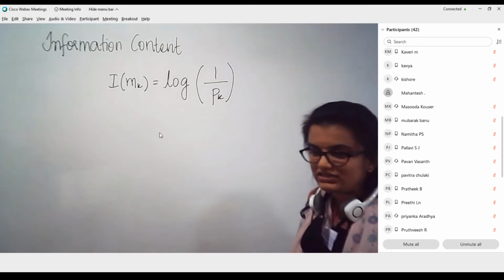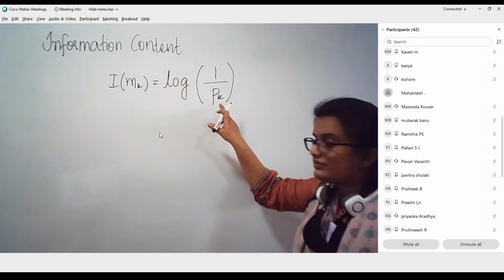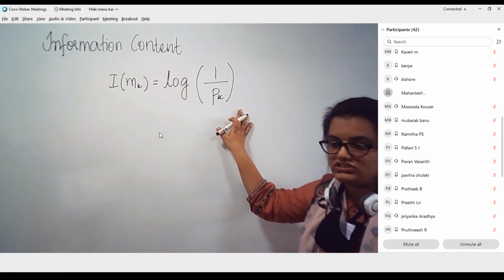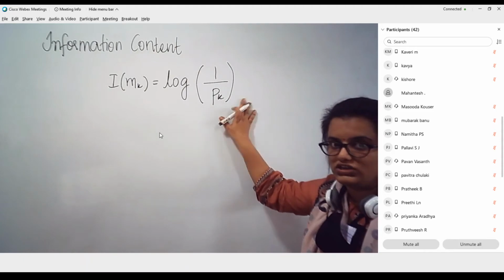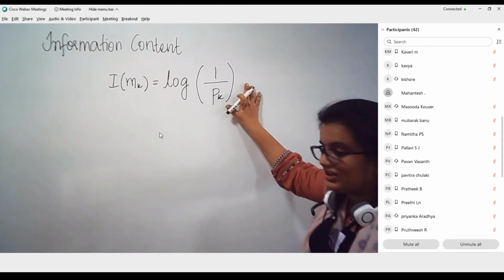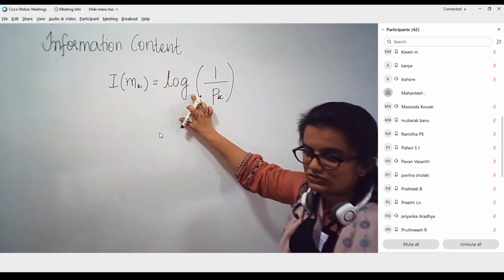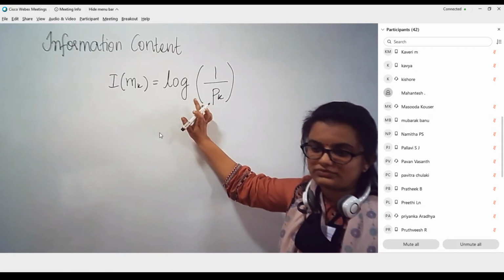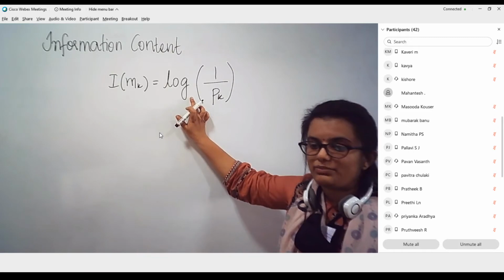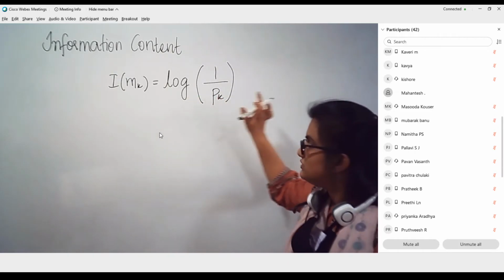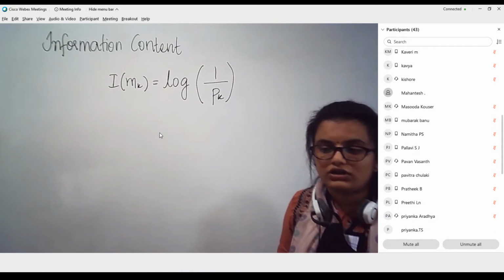The unit of this information is dependent on the base of the logarithm that you use. Depending on the logarithmic base, we have units defined for the information.